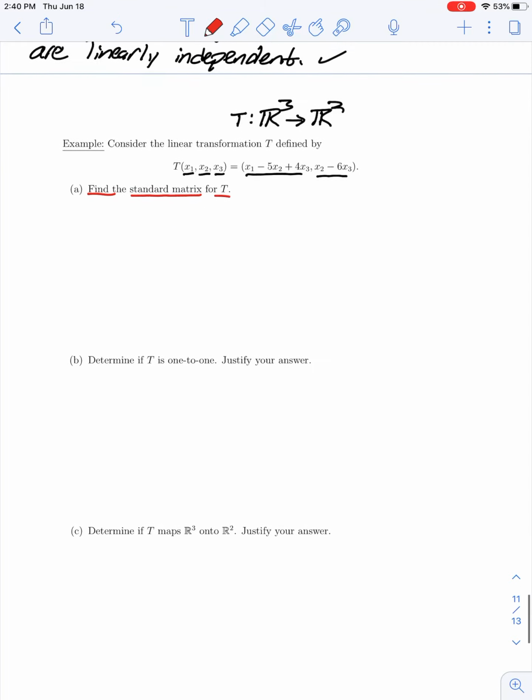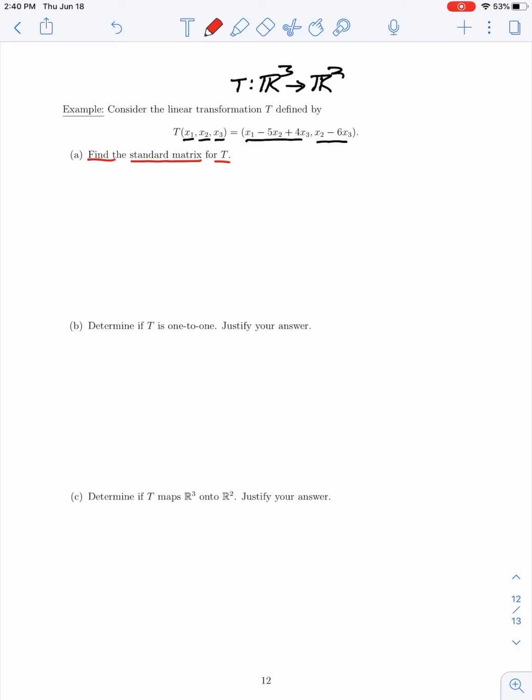Now recall, to find a standard matrix for a transformation, we need to look at the image of the standard basis vectors, in this case for the 3x3 identity matrix. So if we look at T of E1, where E1 is the vector 1, 0, 0, we would have as our image 1, 0.